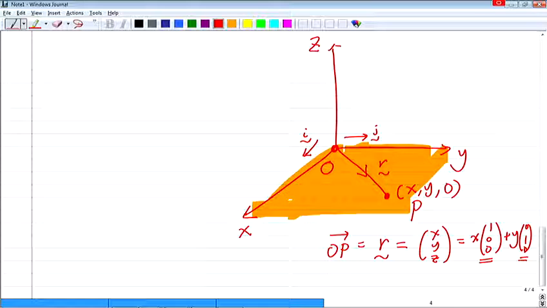For a line, you just need one direction vector, whereas for a plane, you need two direction vectors in order to pinpoint the plane. And there's one more thing I also need, which is the point O. It must contain a given point on the plane.